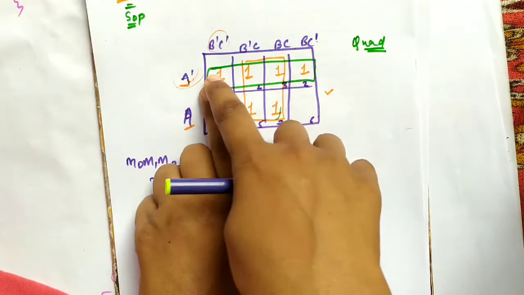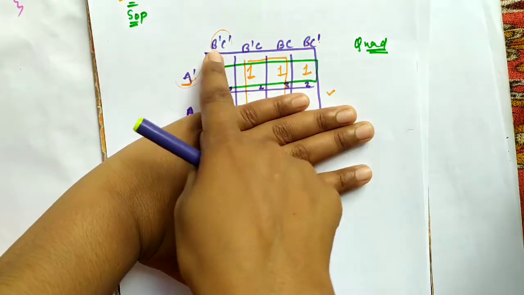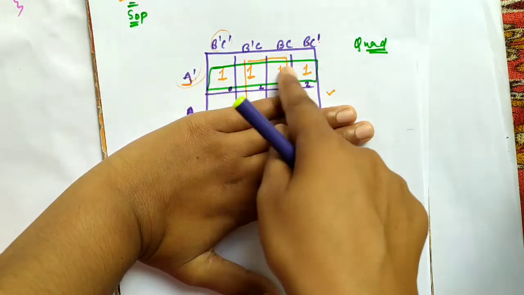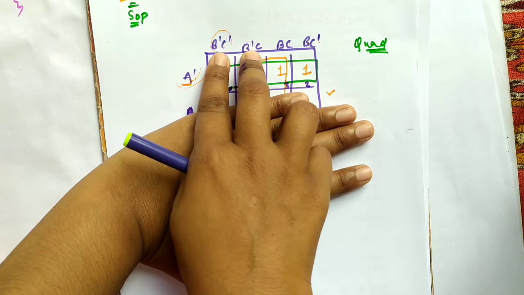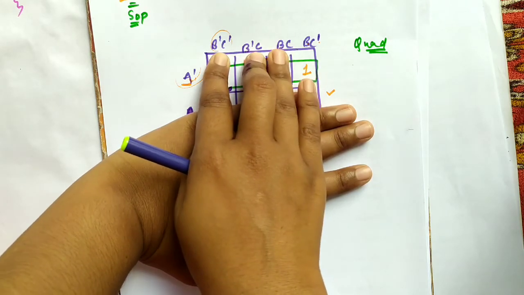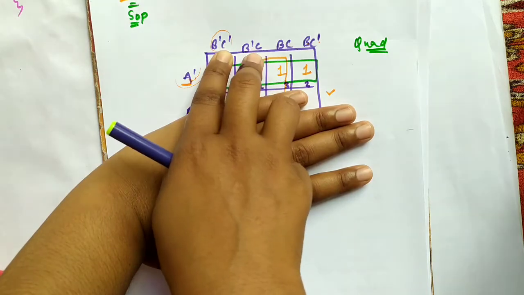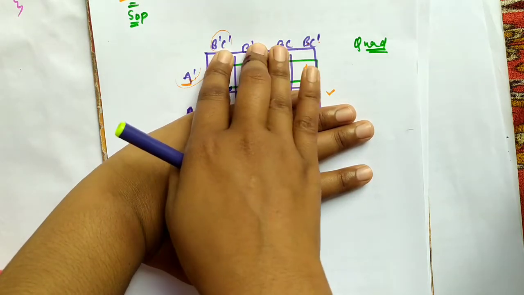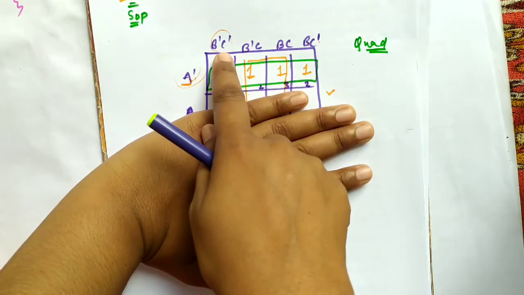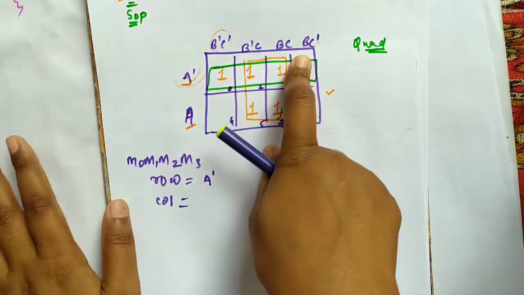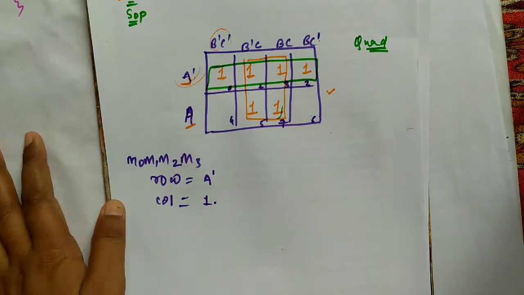But in the columns, there are 4 columns, and nothing is the same. Firstly check: in this column B dash is the same, but here B dash is not available, so B dash is not common. Then C: here is C and here is C dash, also C and C dash, a mix-up, so nothing will be common in the columns. So here we write 1.